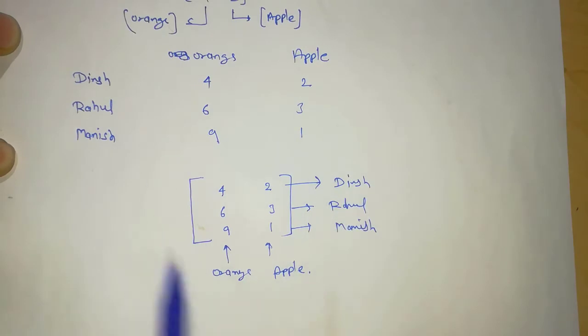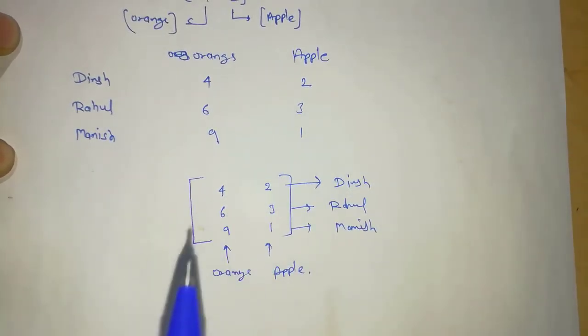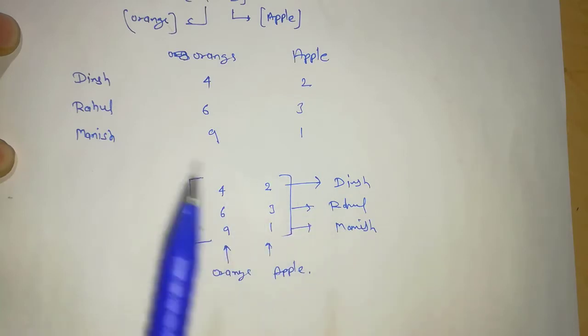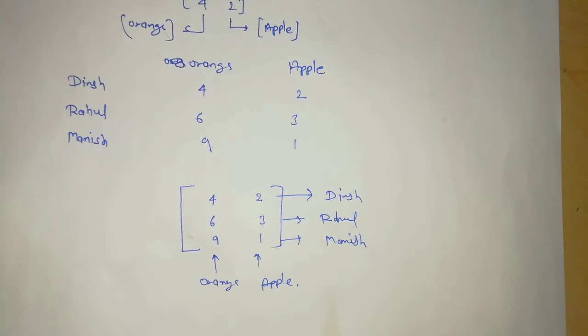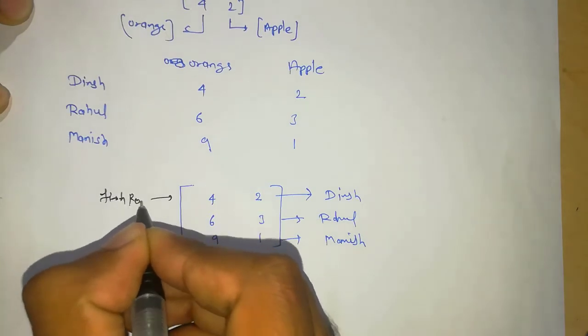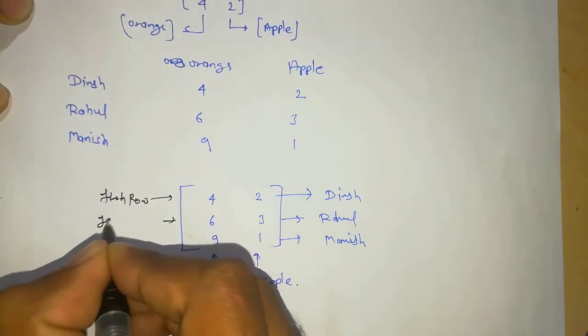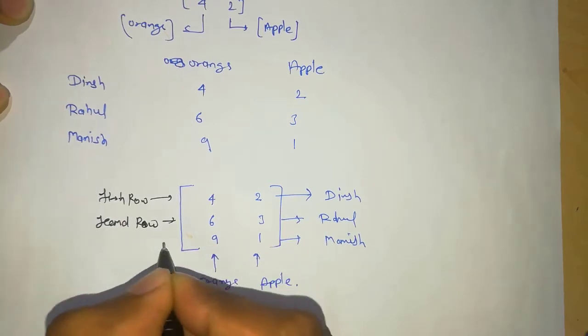This is the representation of a matrix where we represent our data in column and row form. This is the first row, this is the second row, and this is the third row.